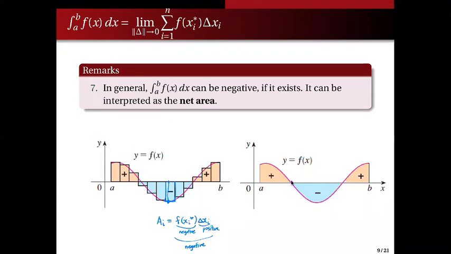Now, if it's a combination, just like this, there are some positive regions, there are some negative regions, the definite integral will be, you add all of this. This guy here minus this guy here plus this guy here. And whatever number you get, that will be the value of the definite integral.